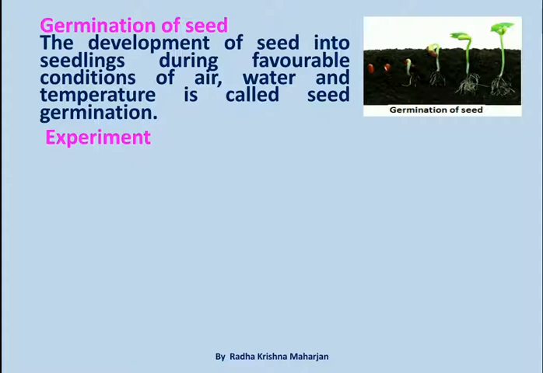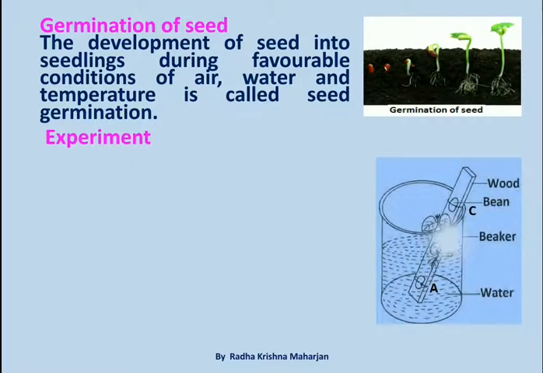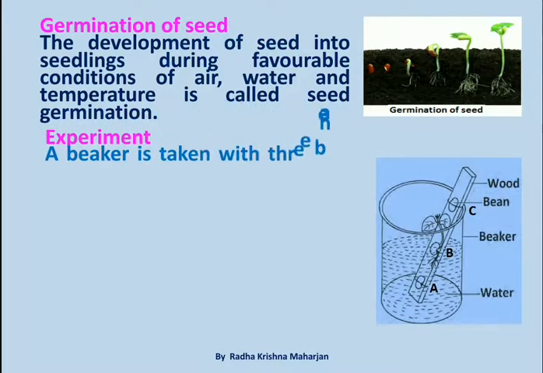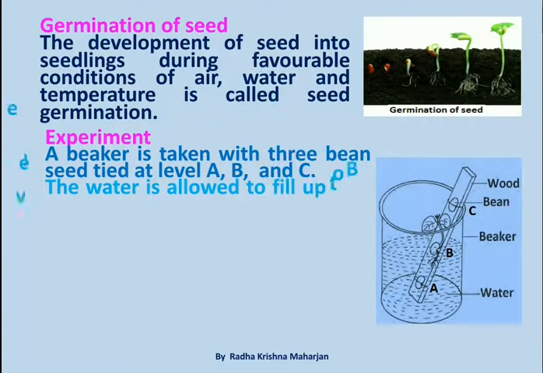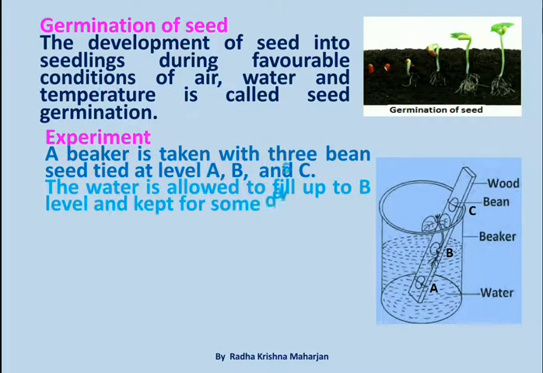Experiment: a beaker is taken with 3 bean seeds tied at levels A, B and C. The water is allowed to fill up to B level and kept for some days.